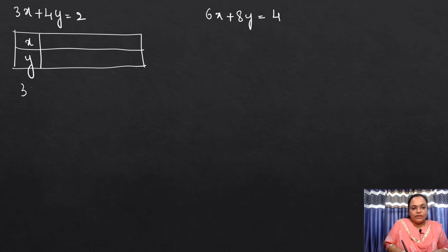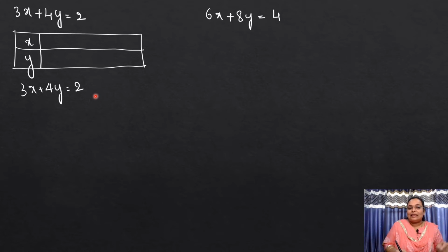So 3x plus 4y is equal to 2. So if I take x is equal to 0, this will be y is equal to 2 by 4, which is 1 by 2. You will get a decimal point, right? So as I told you, 0.5 or 1.5 or 3.5, those are easy to plot on a graph.